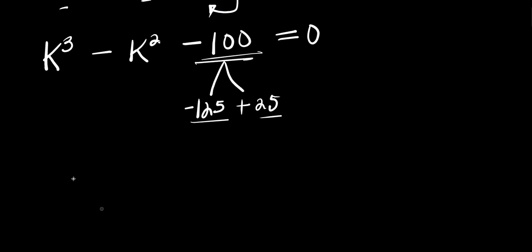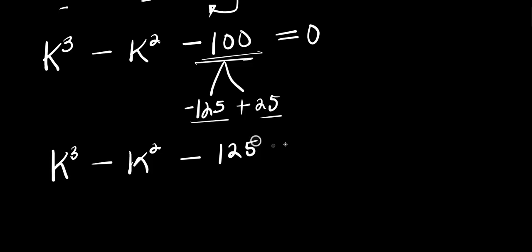So we simply have k power 3 minus k power 2 minus 125 plus 25 equals 0.